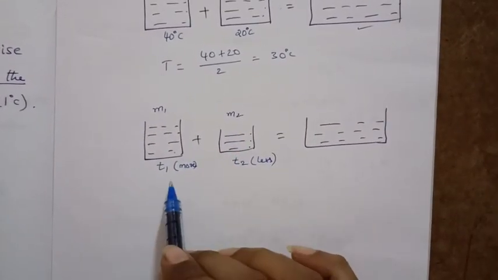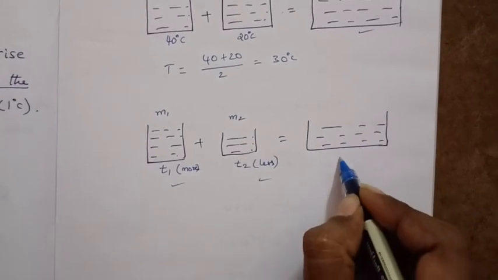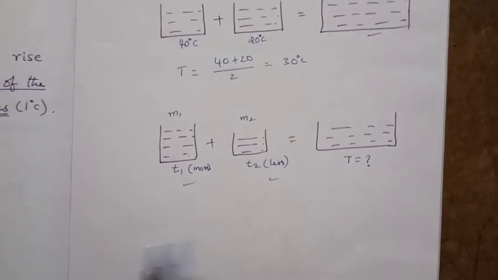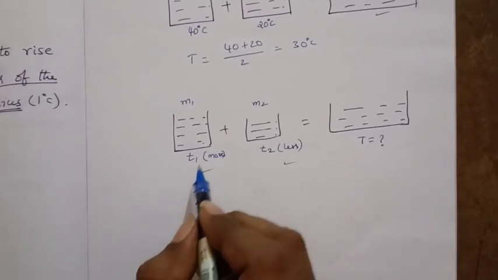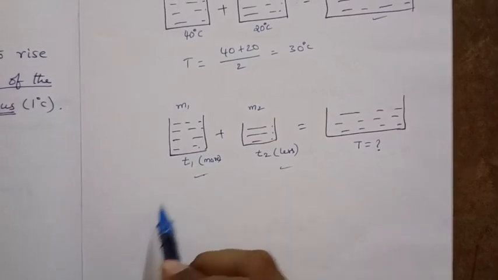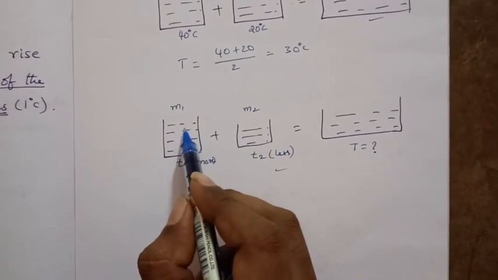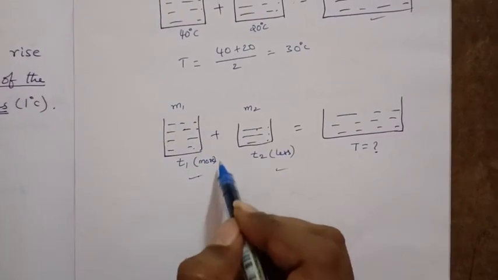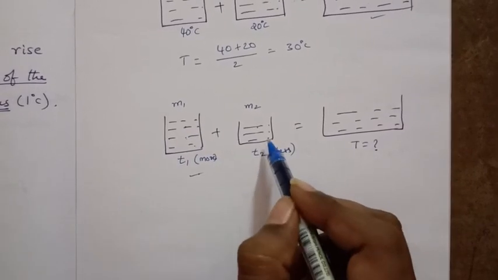Then what will be the resultant temperature? Now here, the body whose temperature is more will lose heat energy. After mixing, heat will travel from higher temperature to lower temperature. It has more temperature, so more heat, it will lose heat energy and the other will gain the heat energy.